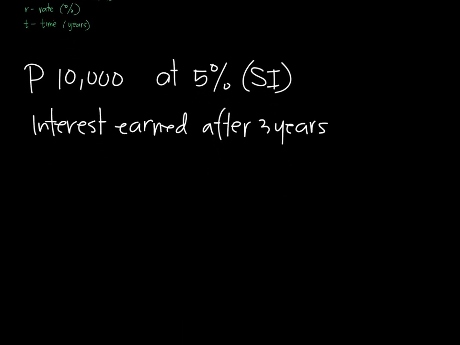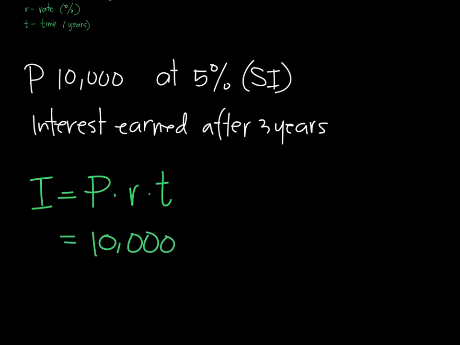So to find the interest, we simply use the formula I is equal to PRT. So P is the principal amount, 10,000. The rate, 5%, should be changed to decimals, 0.05, and the time is 3 because it's 3 years.